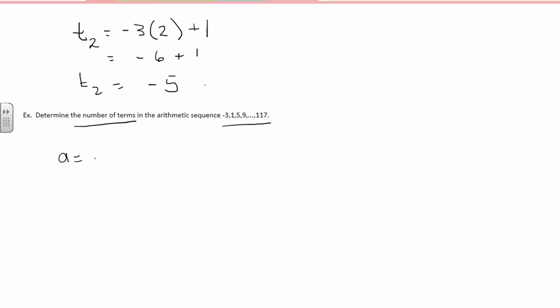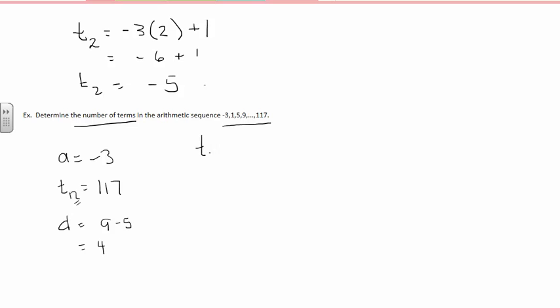Our initial term is negative 3. Our nth term, our very last term, is 117. We just don't know what term number that is yet. And then our common difference is 9 minus 5, which is equal to 4.